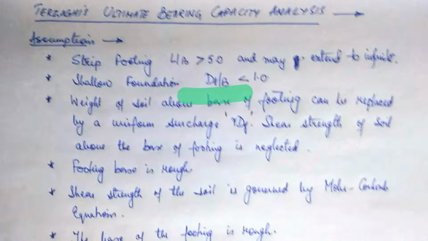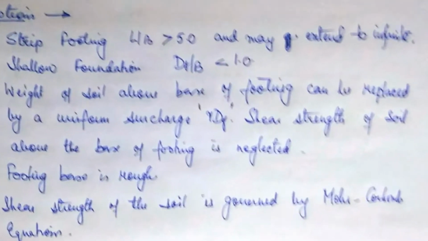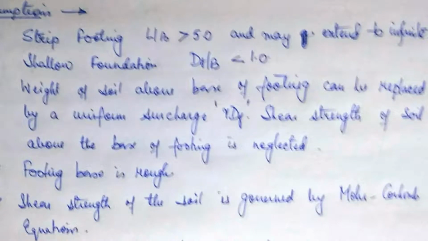He carried out his analysis on a shallow foundation where depth of footing upon width is less than 1. An important assumption he made is that the weight of soil above the base of footing can be replaced by a uniform surcharge gamma Df, which is actually not the case.